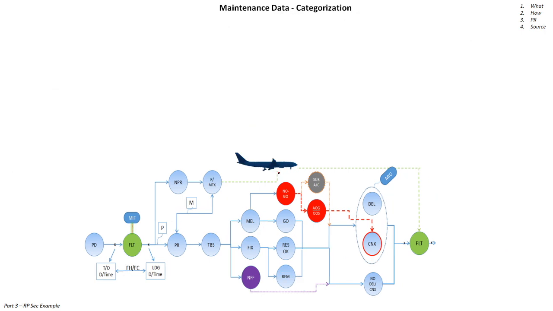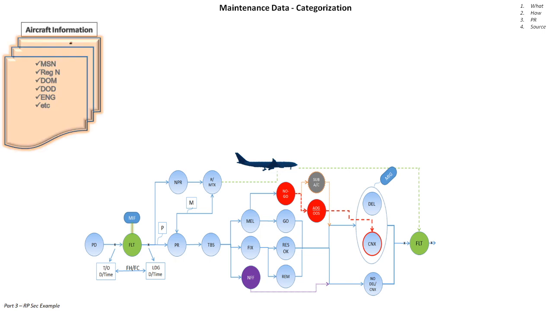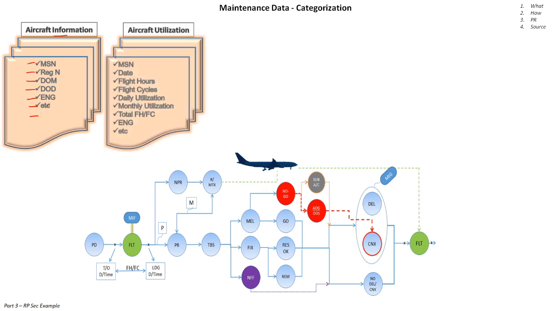And definitely, we are going to start from aircraft information. What items do we need to collect? Number 1: aircraft manufacturer serial number, aircraft registration, date of manufacturing, date of delivery, engine information, etc. Next, aircraft utilization.